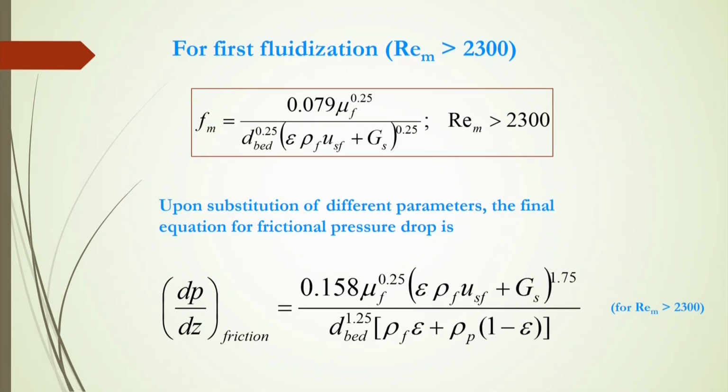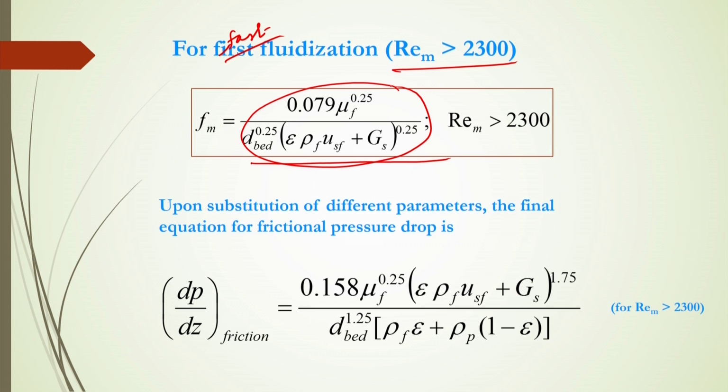Now, for fast fluidization, please correct it, REM is greater than 2300, that means under turbulent condition, then Fm can be calculated from this correlation. So, once you know this Fm from this correlation, by substituting various variables, you can directly calculate the frictional pressure drop from this equation.